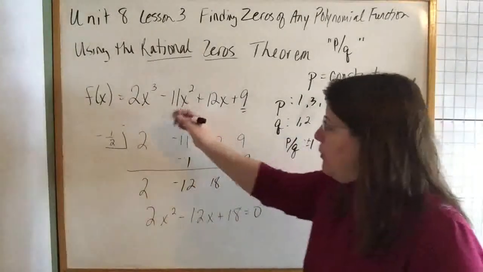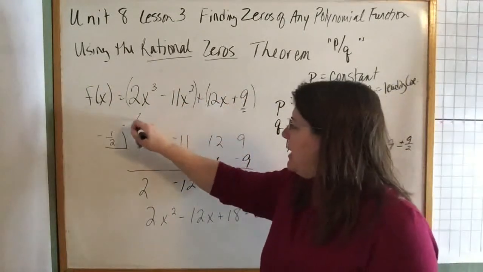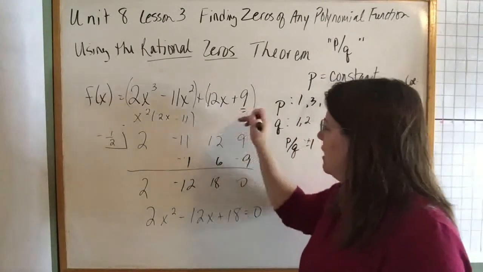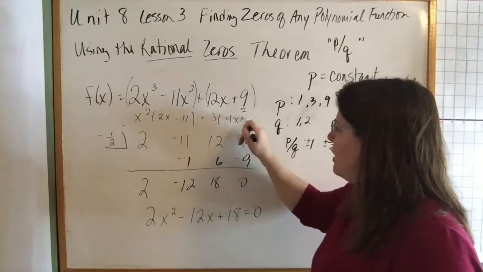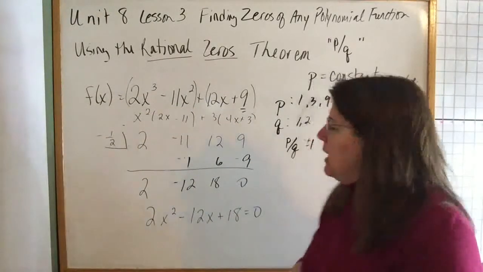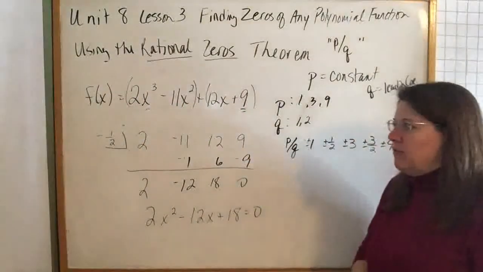This one though, if I try to factor by grouping and bring out an x squared, I'd have 2x minus 11, and here I could bring out a 3, and that would give me a 4x plus 3. So these factors don't match. So factoring by grouping wouldn't have worked there anyway. So that's not even an option for me at this point.